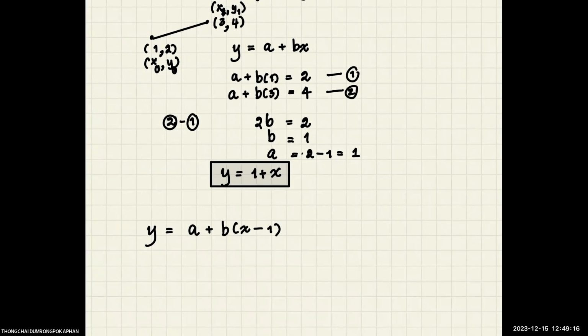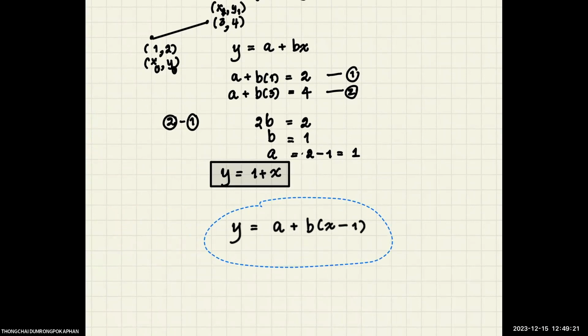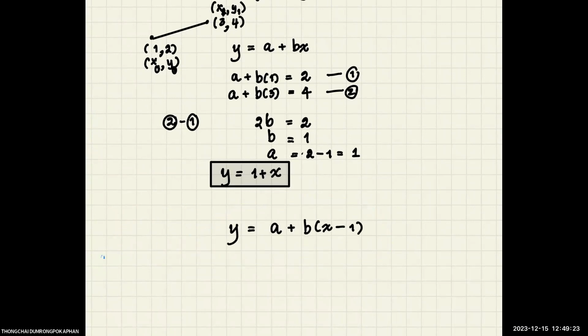Why is that? Because if I say, okay, it fits this form, then at the first point, the point 1, 2, I plug it in, I will get A plus B times (1 minus 1) equal to 2. What do I get? I get A right away, right?